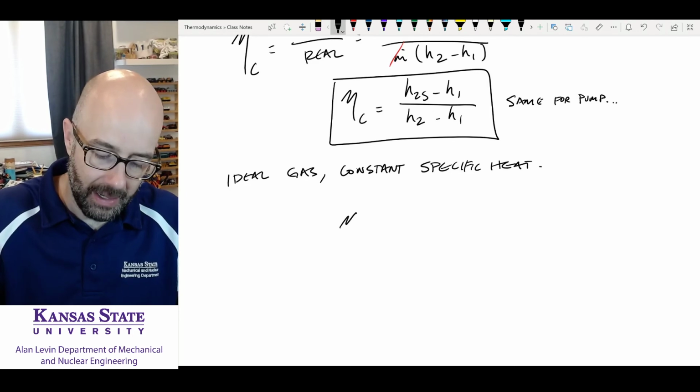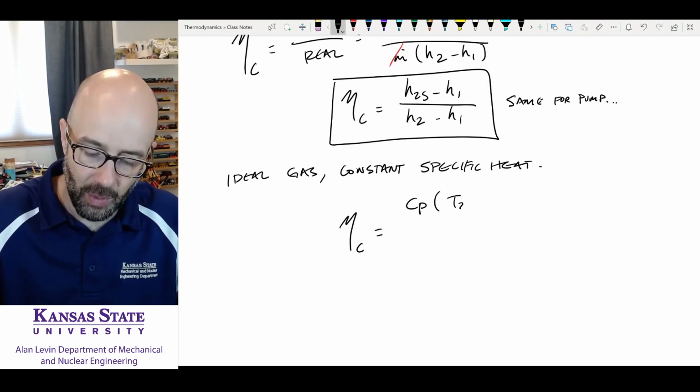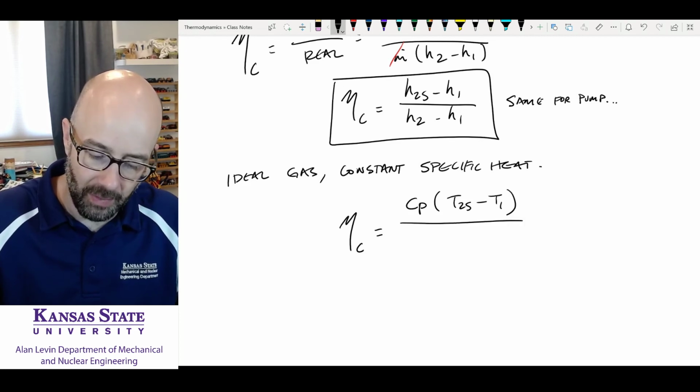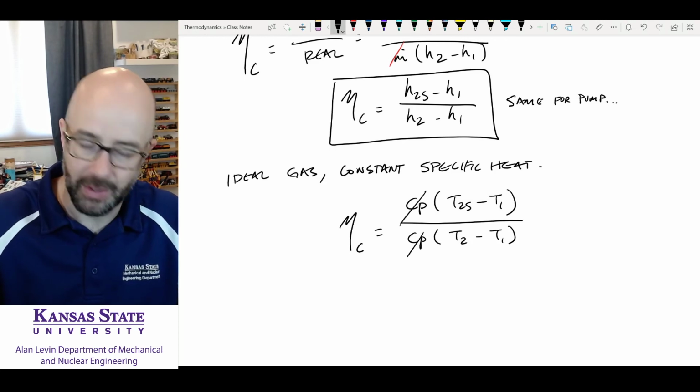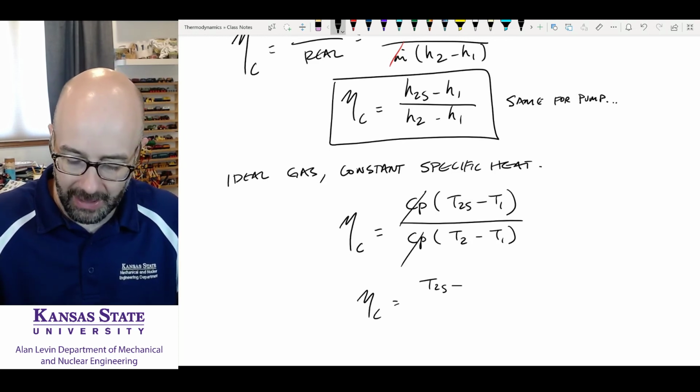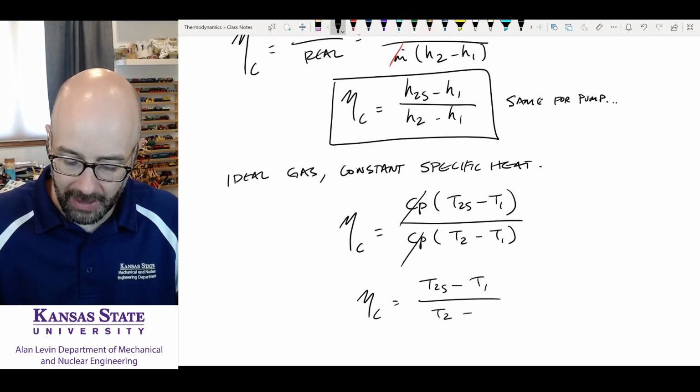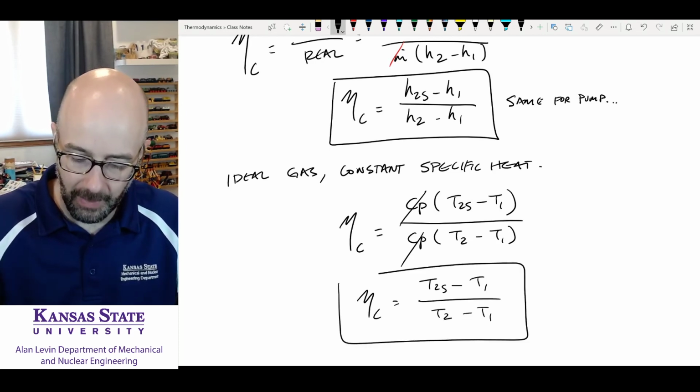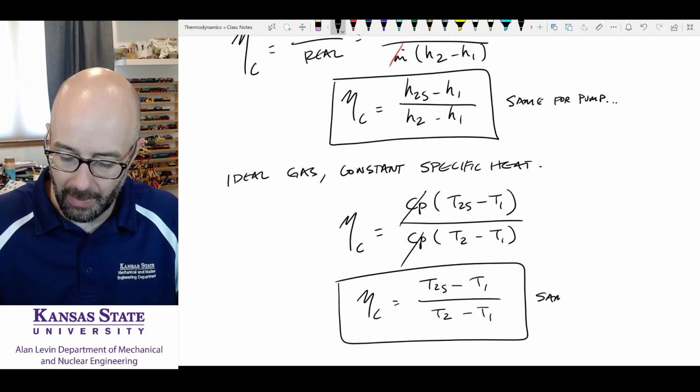The isentropic efficiency is equal to Cp times T2S minus T1 all over Cp times T2 minus T1. My Cp's cancel again, and I'm just left with T2S minus T1 all over T2 minus T1. This is again the same for a pump.